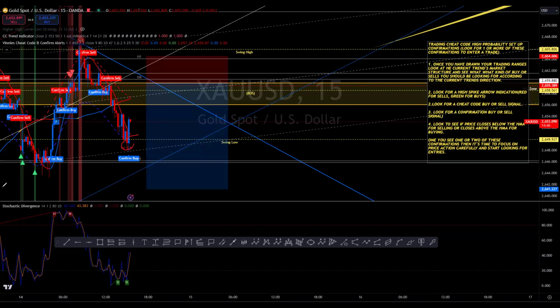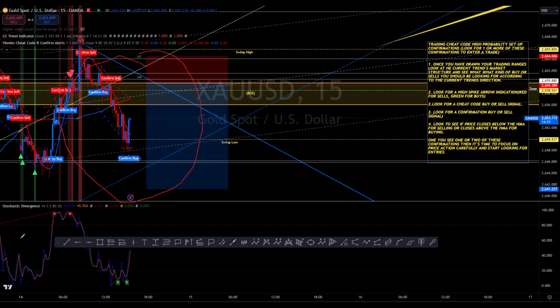But we need to figure out, is that really just a confirmation buy and a counter sell, with price then selling down, or is it going to break the structure, hit up here, stick out, and then go down? So we need to really watch price action here to figure out the best time to jump in. Let's just watch carefully.